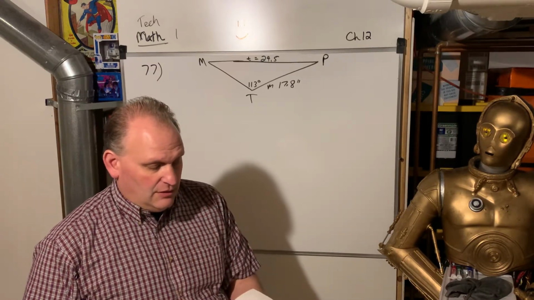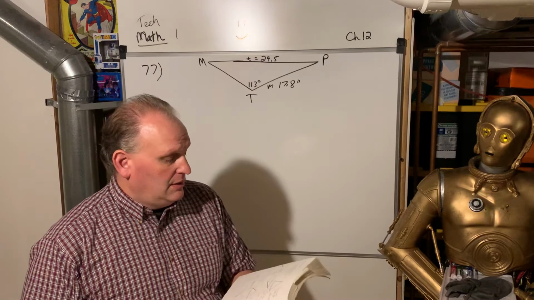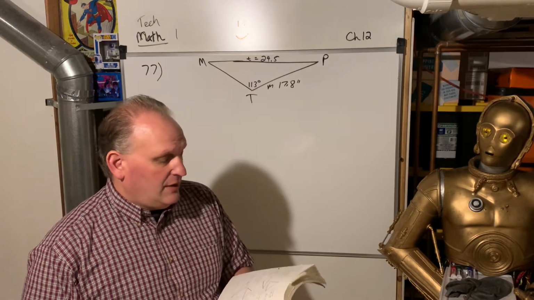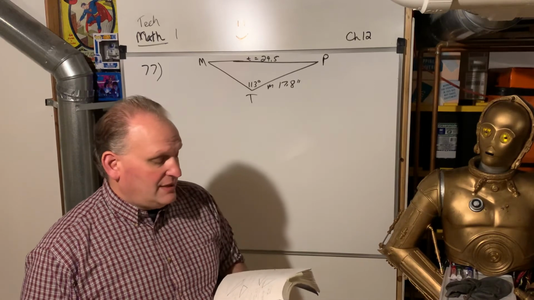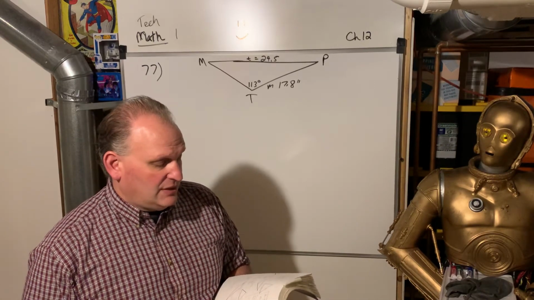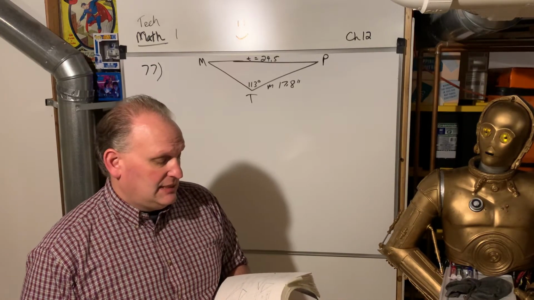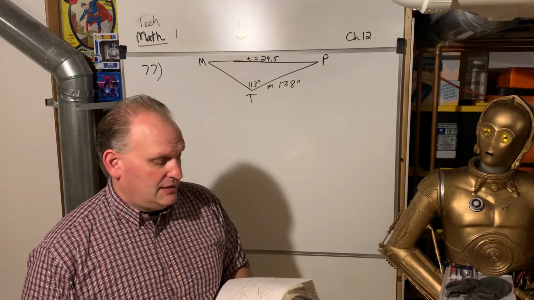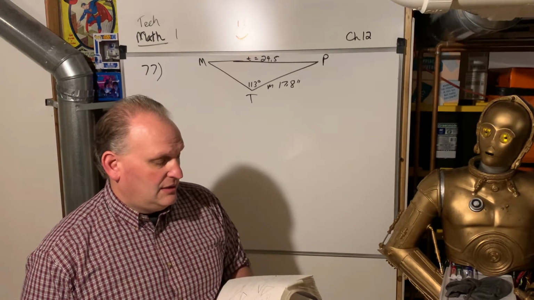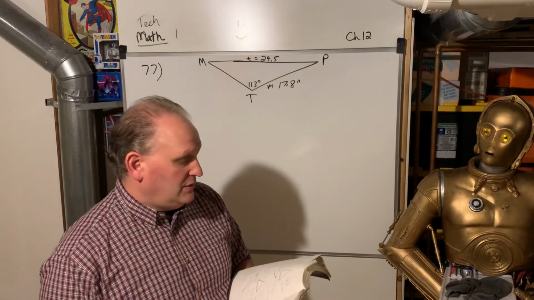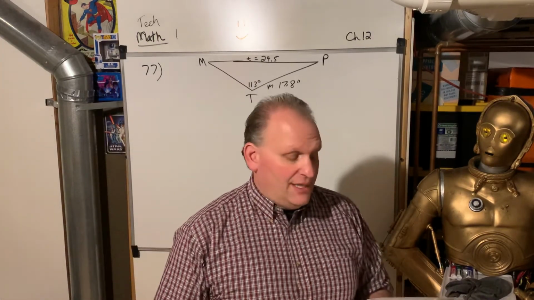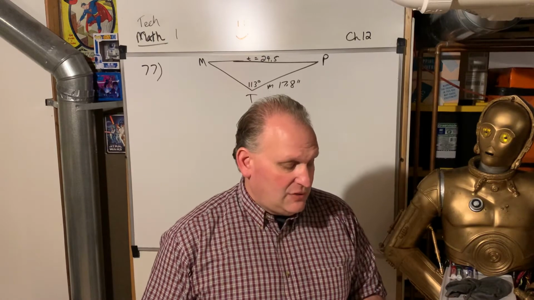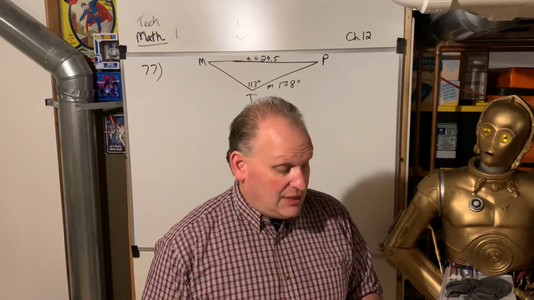And so they're saying, okay, why don't you use the law of cosines so you don't run into the ambiguous case with the law of sines. All right. And we could use either, but with the law of sines, it will end up giving us the obtuse angle, and we're going to have to find the acute angle.